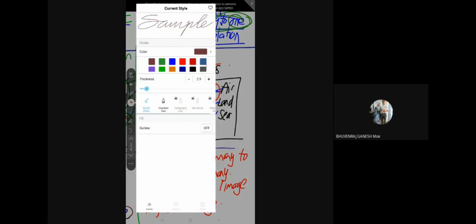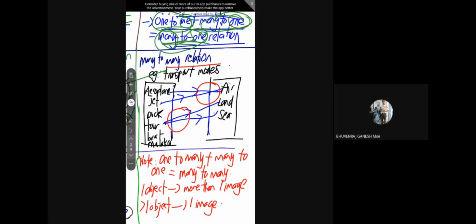Let's say I want to talk about modes of transport. Okay, that's a good example also. I gave here three modes: air, land, and sea, most common. All these three are images. Because from this data, which are the objects, we are going to classify them to these three categories of images.